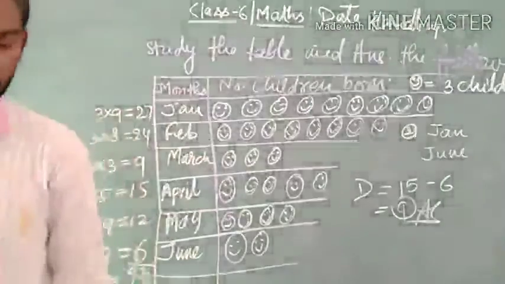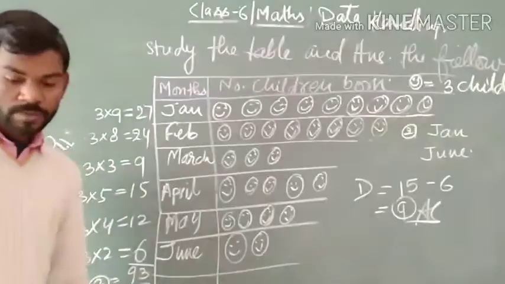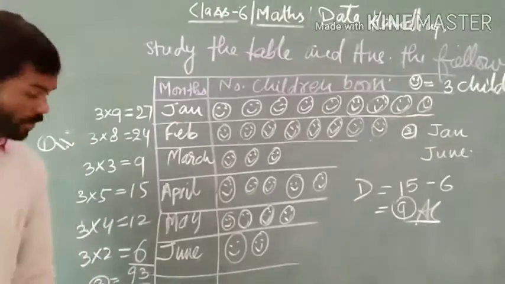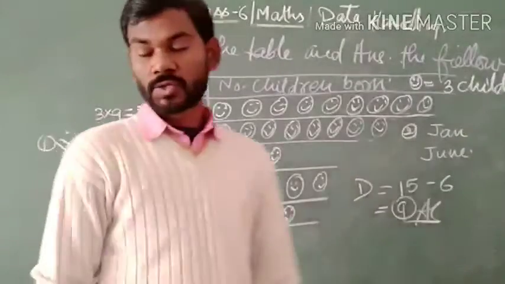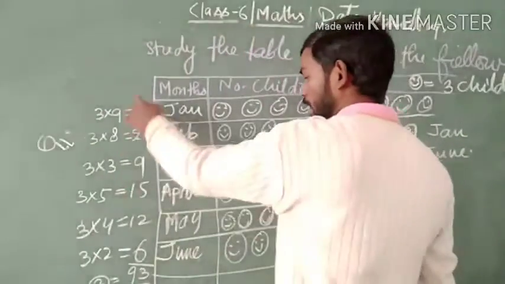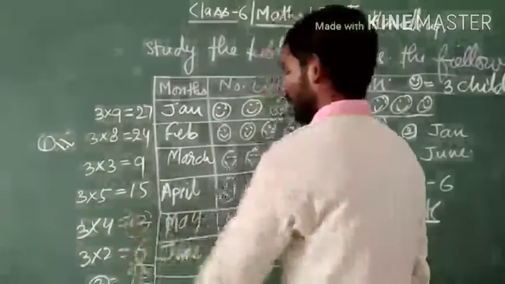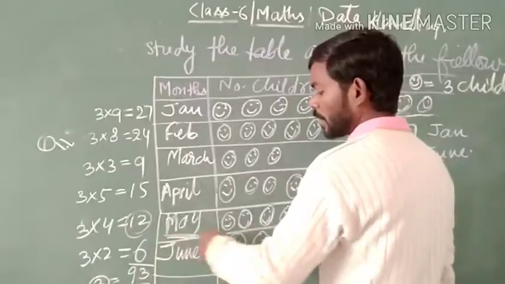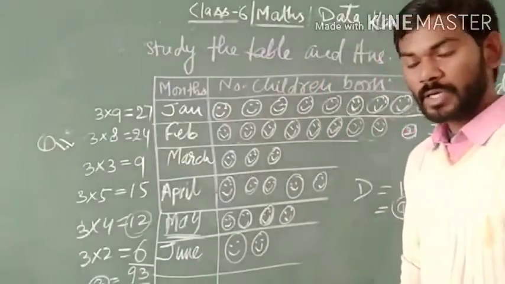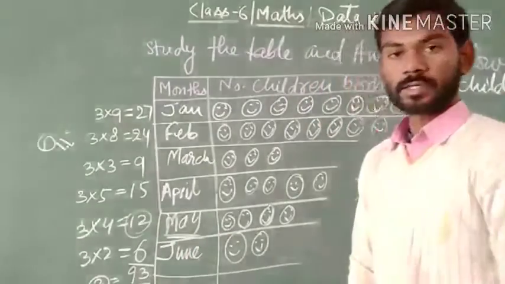Okay, student. Next, 12 children were born in a particular month. Name that month. Here we can see that 12 children were born in the month of May. Therefore, May is the right answer.